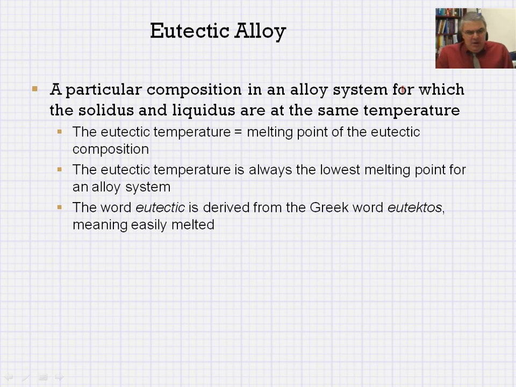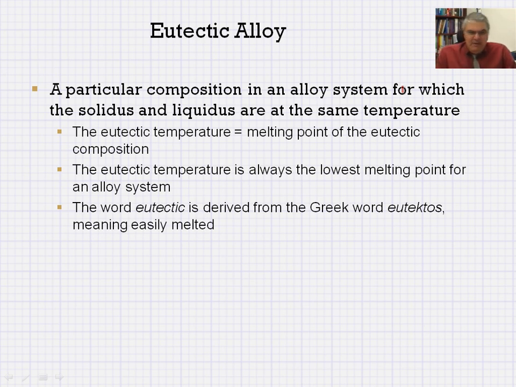Eutectic alloys have a particular composition in an alloy system for which the solidus and liquidus are at the same temperature. The word eutectic is derived from the Greek word eutectus, meaning easily melted. Those of you familiar with the Greek language know what I'm talking about.